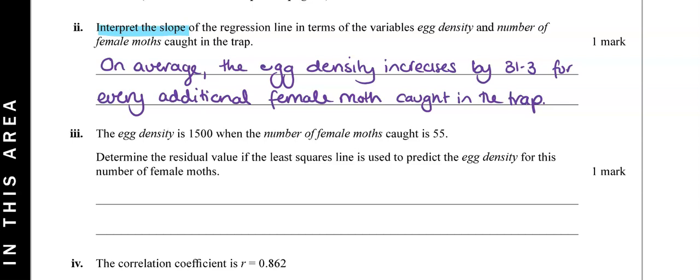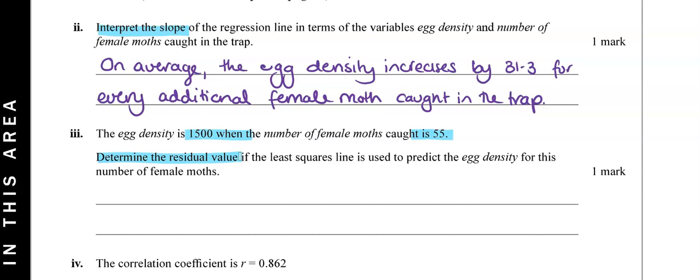Part 2. The egg density is 1,500 when the number of female moths caught is 55. Determine the residual value if the least squares line is used to predict egg density for this number of female moths.